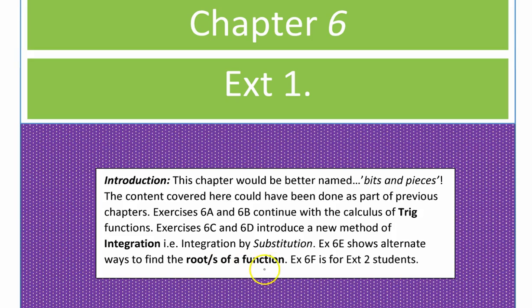And we could start at 6E. There's nothing in 6A, B, C and D that we would need to know about before we could do 6E. So they're really quite independent concepts. Okay, I prefer to call it the bits and pieces chapter.